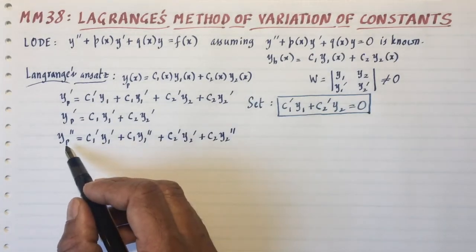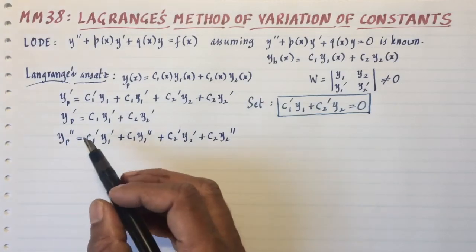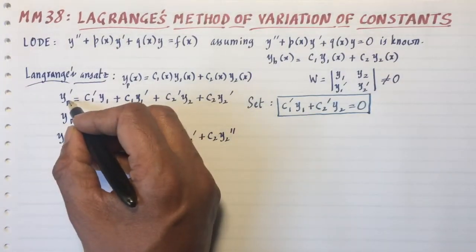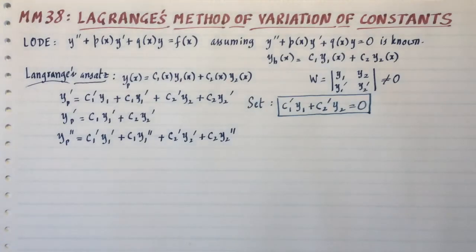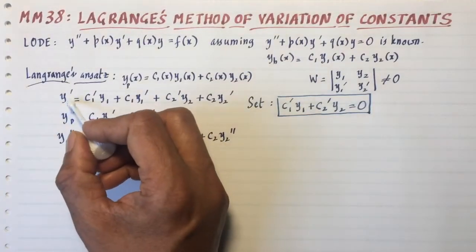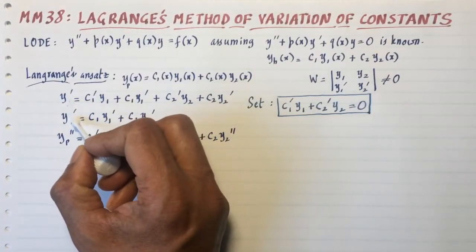I want to keep this general, so I'll just write it as y, and later on we'll write the particular solution after taking out the homogeneous solution. So I'll just remove the p subscripts here.